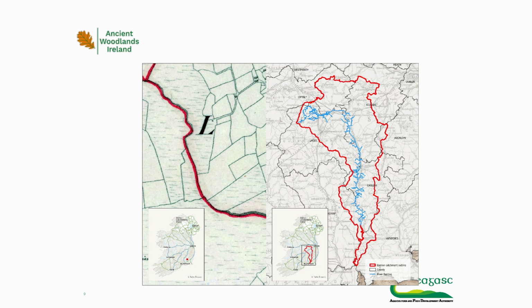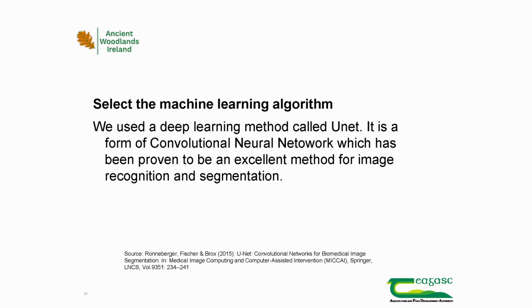So I'm just walking you through the process now very briefly. The first thing is we need to select a specific model. There are loads of different machine learning models out there, and we decided to use a deep learning method called a UNet. It's basically a standard for image segmentation, very good at recognizing features on images.